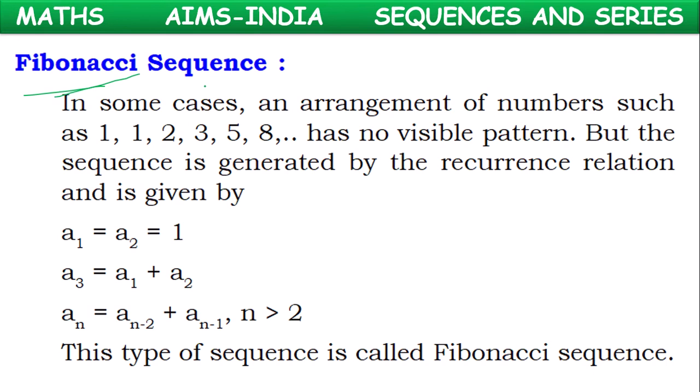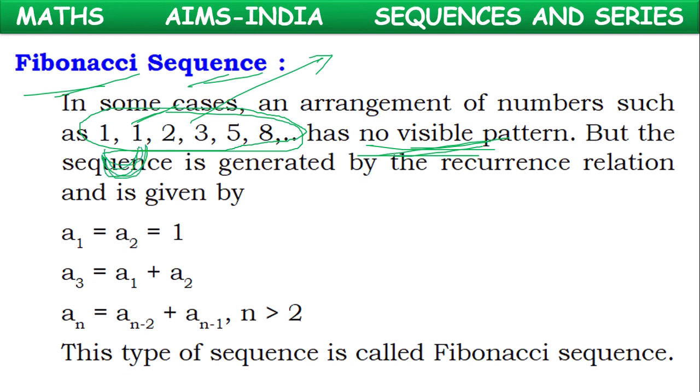So next, Fibonacci sequence. In some cases, just by seeing the sequence we cannot establish the relation. There will be no visible pattern just by seeing the sequence or just by observing the first two elements of the sequence.